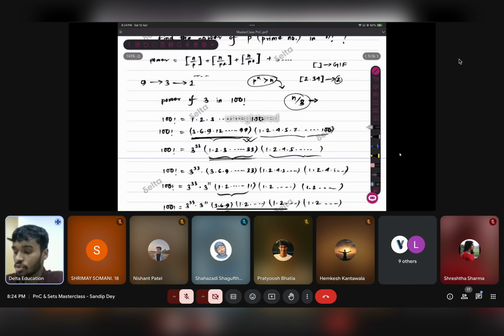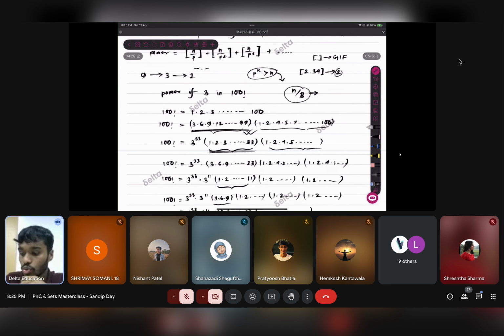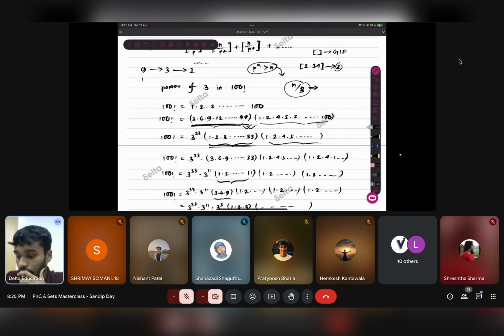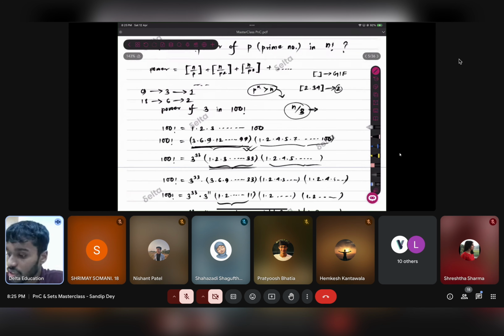So in the first go, I have reduced the powers of all the multiples of 3, but the numbers that have higher powers of 3, 3 to the power 2, 3 to the power 3, and multiples of all of this, like for 9, I can divide it by 3 two times. For 18, I can divide it to get 6 and 2, like this. So all the higher powers of 3 will again have 3 remaining in their value, right? So that's why I am doing this.